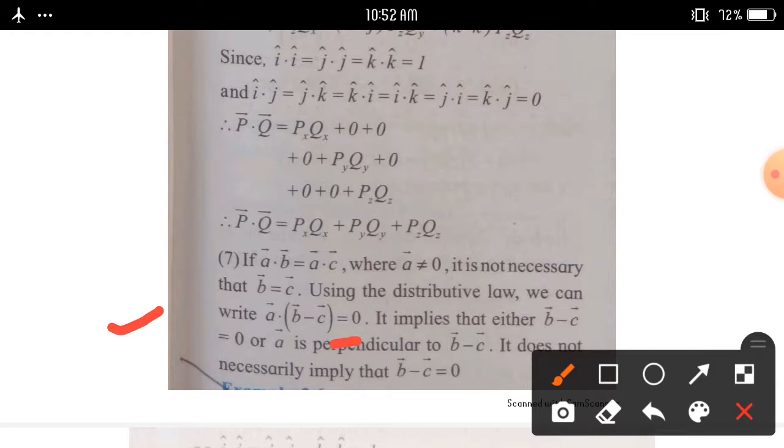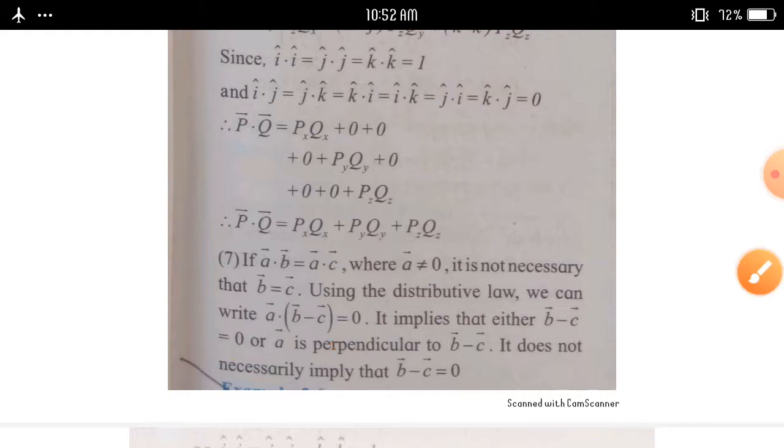It implies that either b bar minus c bar is equal to 0, or a bar is perpendicular to b bar minus c bar. It does not necessarily imply b bar minus c bar is equal to 0. This is another condition. Means what? If a bar dot b bar is equal to 0, then the two vectors are mutually perpendicular to each other.